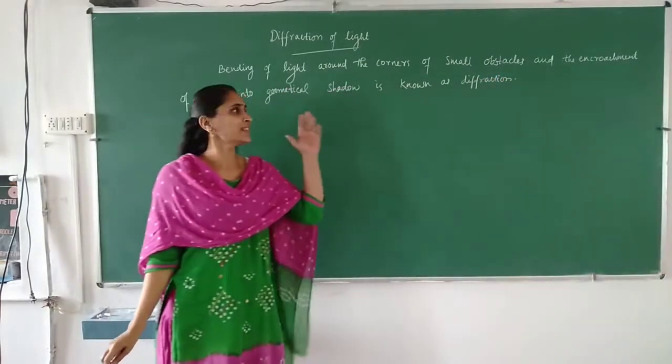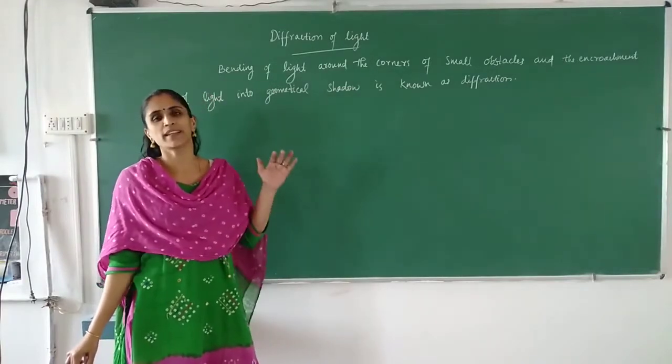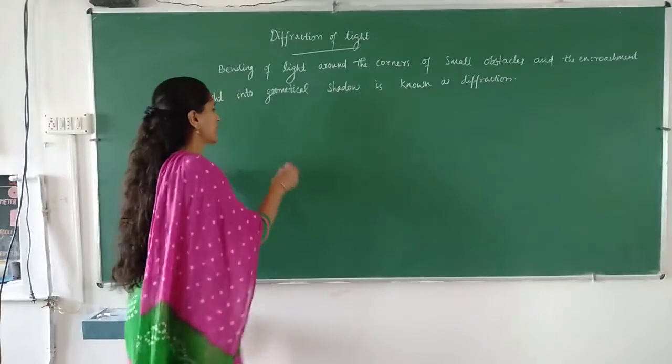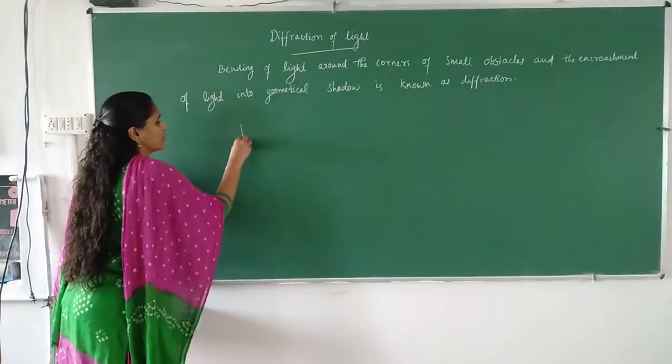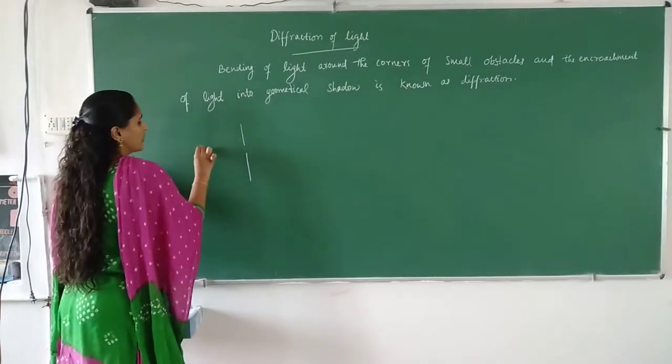Now by this sentence you may be still more confused, so we will discuss in detail what is meant by that. Here we are keeping an aperture or a thin slit, and the source of light is kept here.